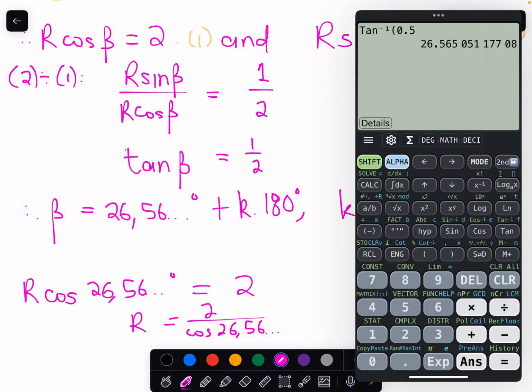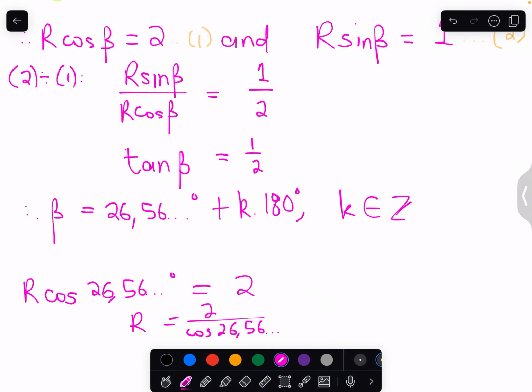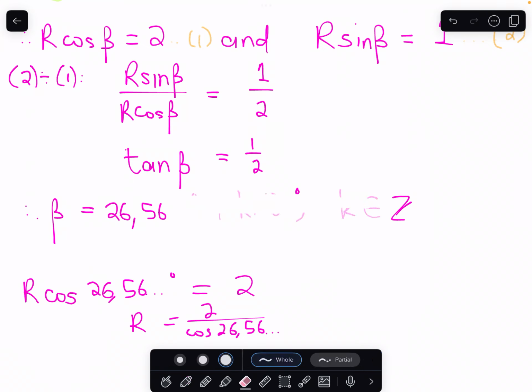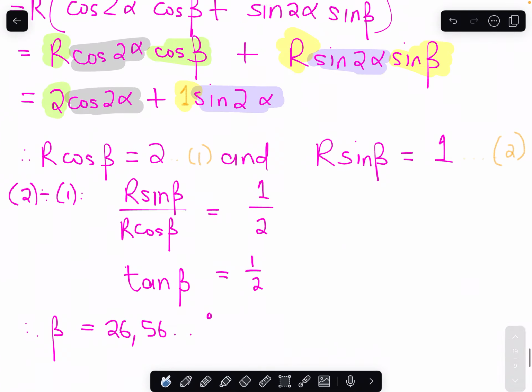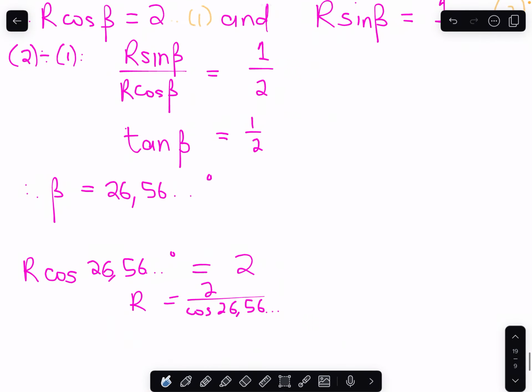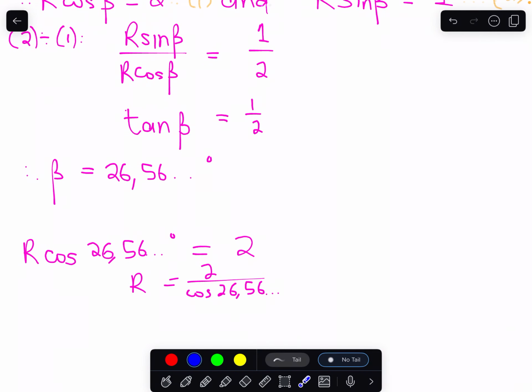Okay, so first of all, this is where we're not doing a general solution. We're using the fact that we've been told beta is an acute angle. So we don't need to consider the plus k times 180, because then it wouldn't be acute anymore.